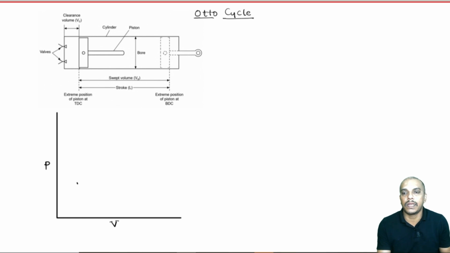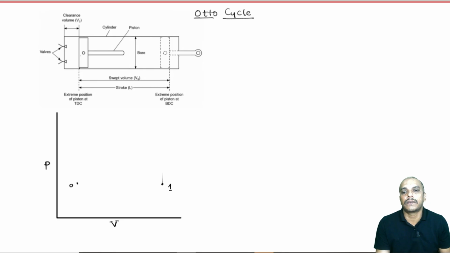The inlet valve is open, whereas the exhaust valve is closed, and the piston is executing the suction stroke, which means the piston is moving from top dead center to bottom dead center, during which, because of the pressure drop, the charge comes in. So, I will call this 0 and let us say it comes to here, right. I mean the working fluid will be here. I will call this 1.